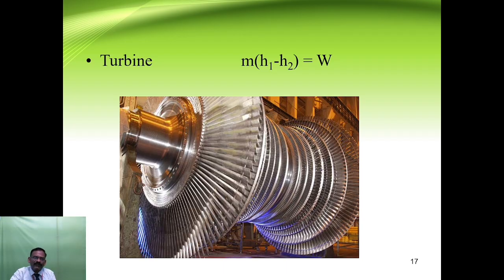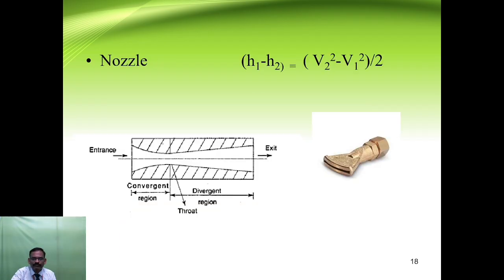But here the enthalpy difference is the difference between inlet enthalpy and exit enthalpy, since the inlet enthalpy is higher than the exit enthalpy. The enthalpy difference is multiplied by mass, then we get the work done. So it is also an application of the steady flow energy equation, and a steady flow device.